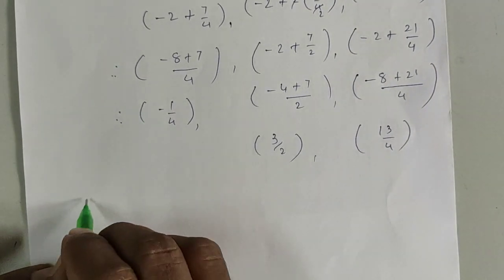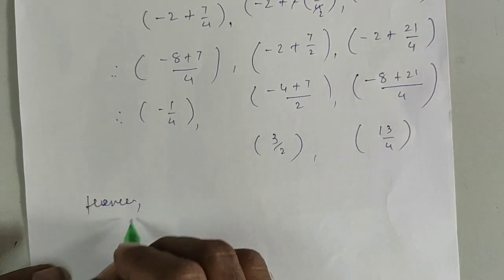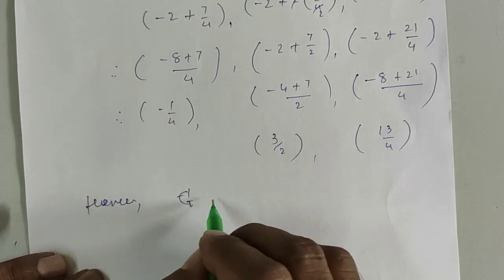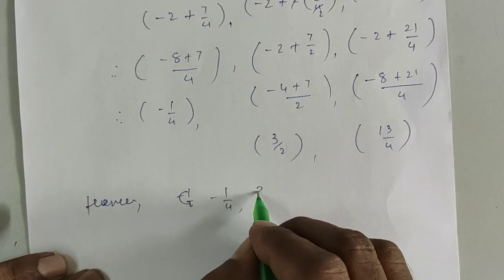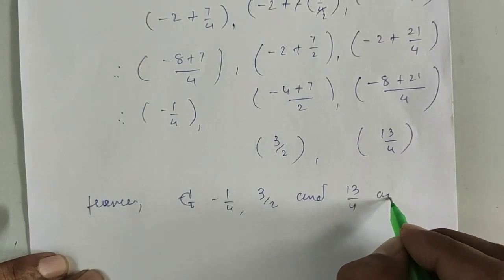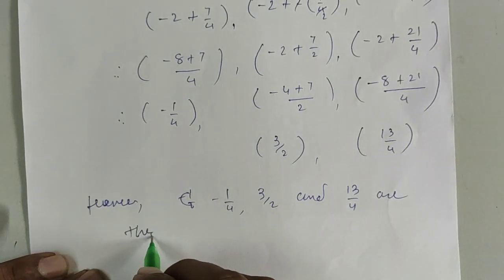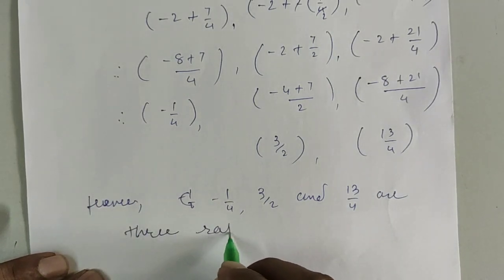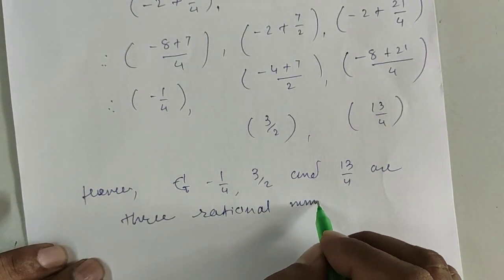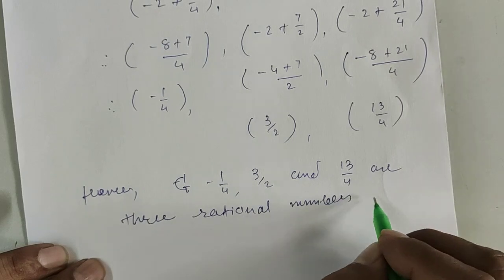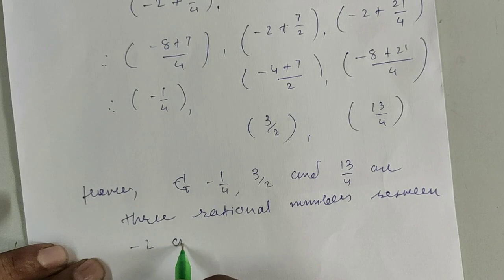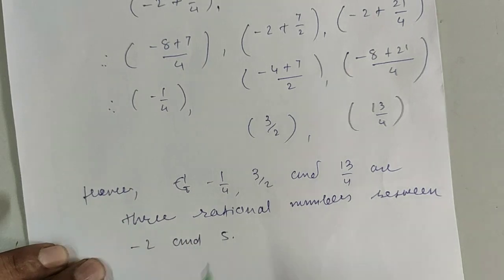Hence, minus 1 upon 4, 3 by 2 and 13 upon 4 are three rational numbers between minus 2 and 5.